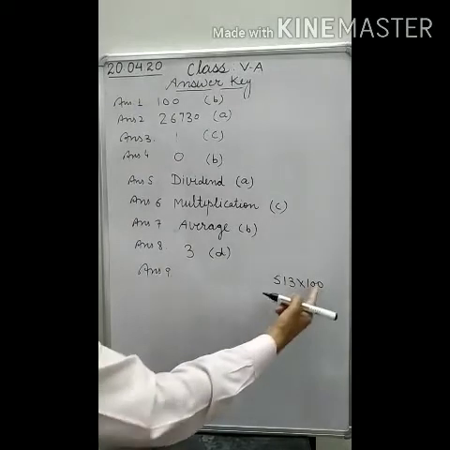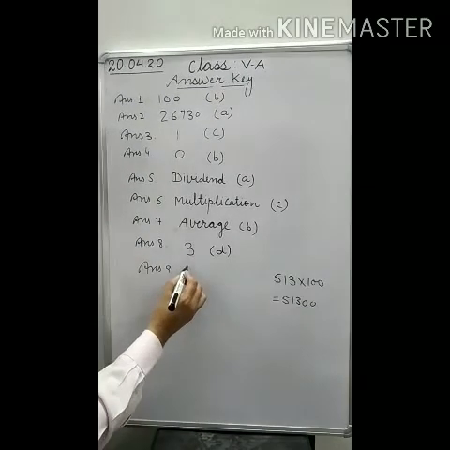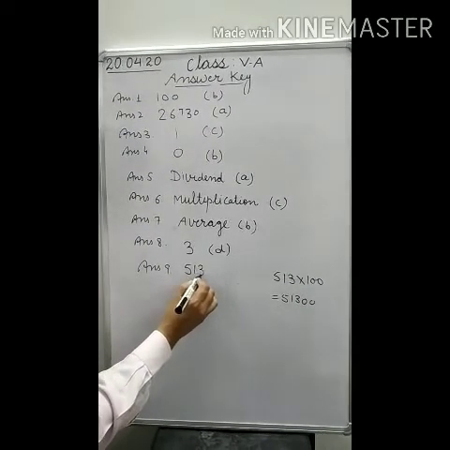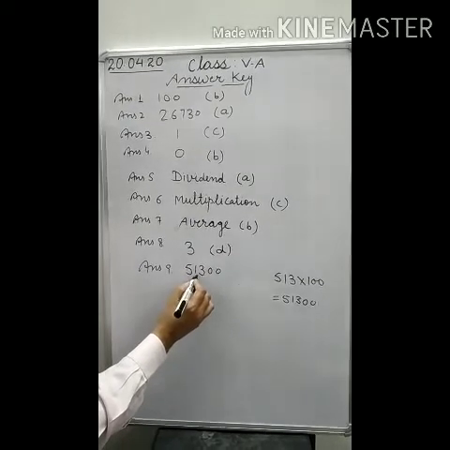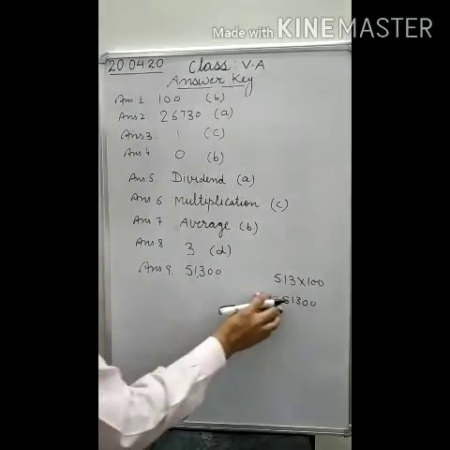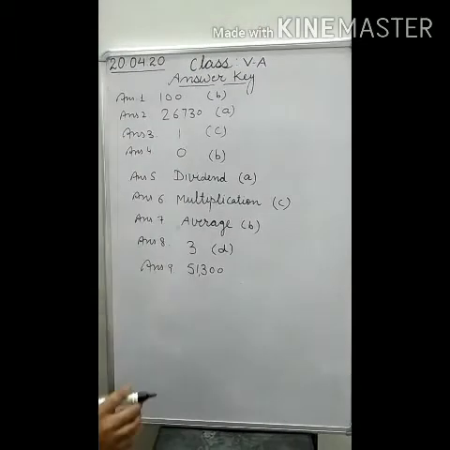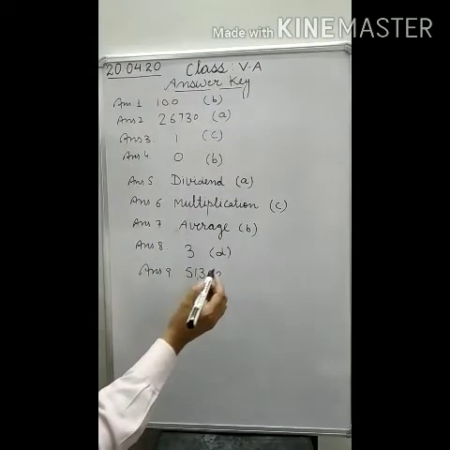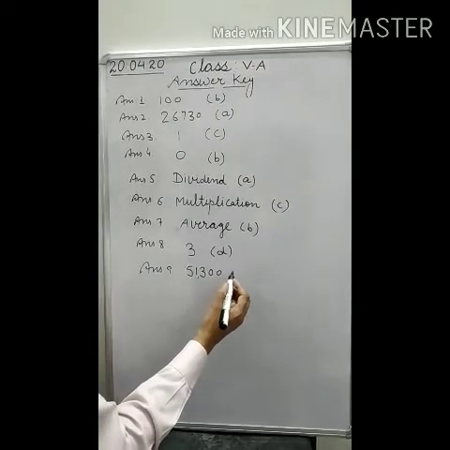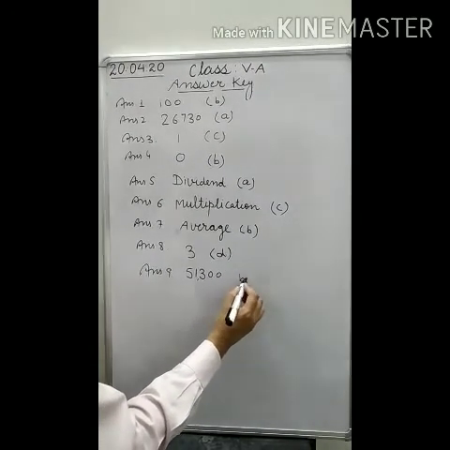But here we have to multiply by 100, so our answer will be 51,300. And our option will be 51,300. It will be B.